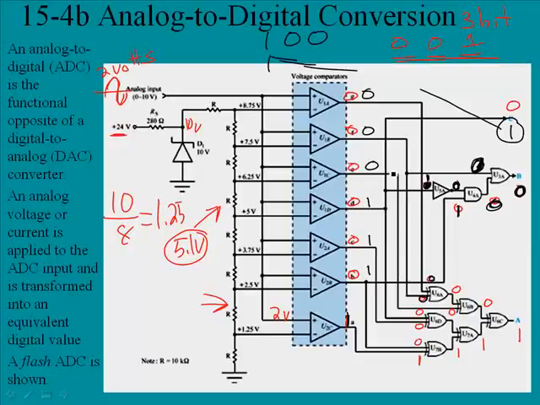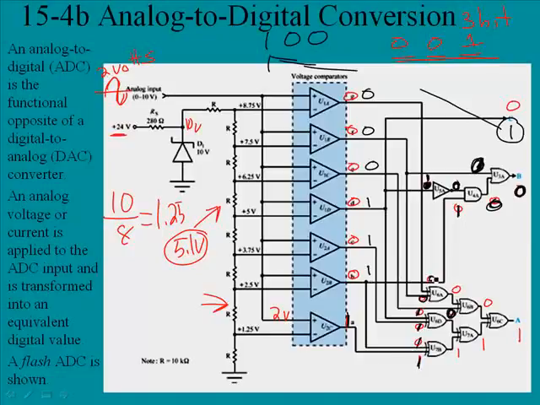And coming in from here, okay, we have another 0. And coming in from here, now this right here, we're going to have a 1. And coming in here, we're going to have a 1. And from here, there'll be a 1. And from here, there'll be a 1.